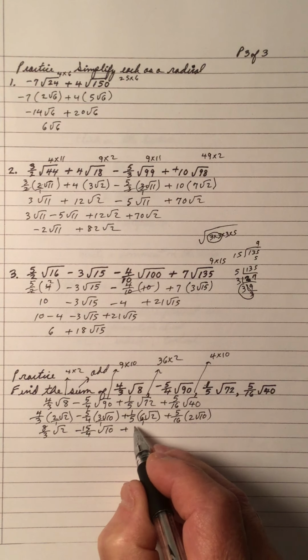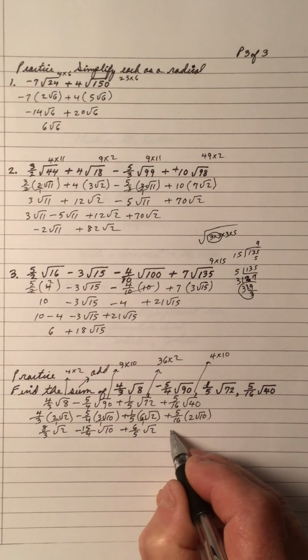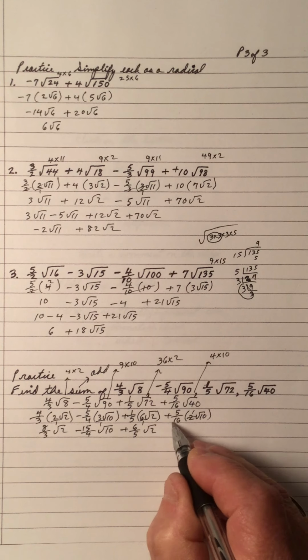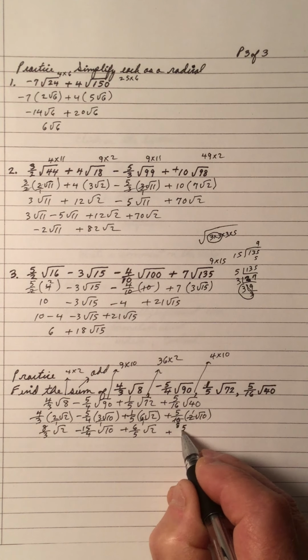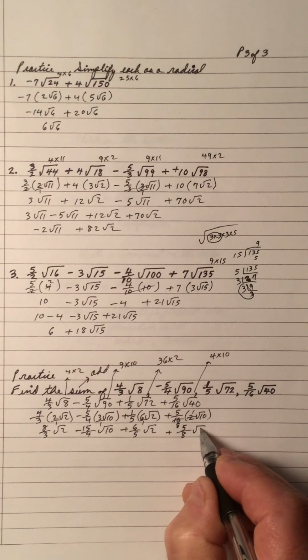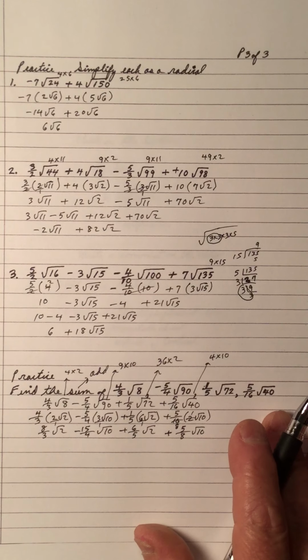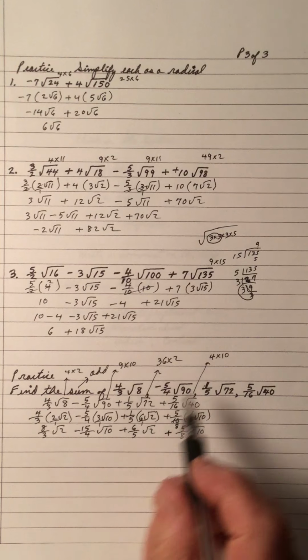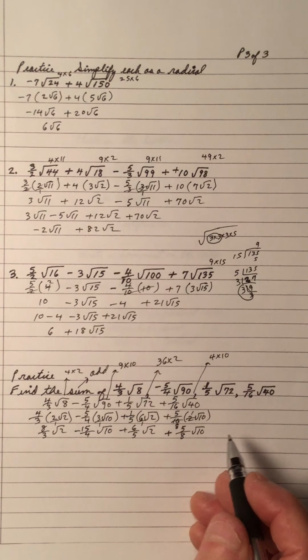And 6 over 1, 6 times 1 is 6 over 5 root 2. And 2 into 16 goes 8, so I get a positive 5 over 8 root 10. So just a little bit more on fractions, just to emphasize, because you can't keep doing good numbers like integers all the time. Why not work with some fractions?